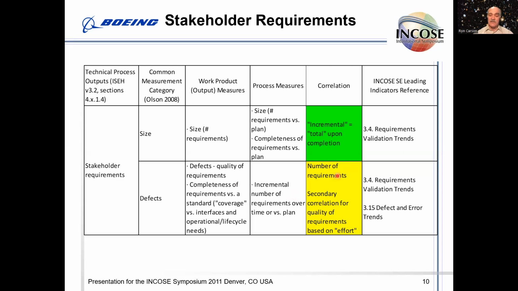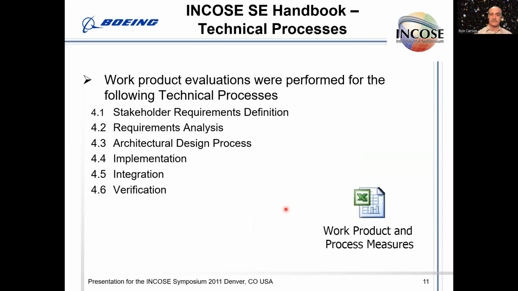So the number of requirements could be a strong correlation, but the quality of requirements would be more difficult. You might make a notional comparison based on effort, but that really wouldn't tell you necessarily very much about the work product output itself. So the general trend that you will see in the tables that follow, that are in the appendix, is that defects are much more difficult to correlate process measures versus work product measures.